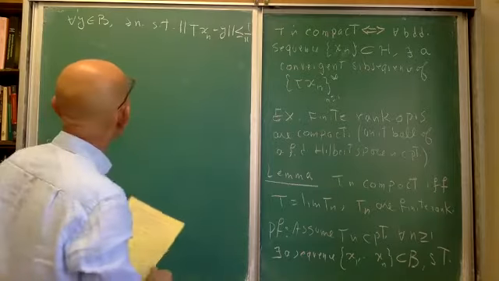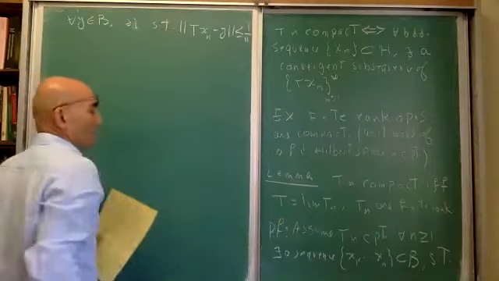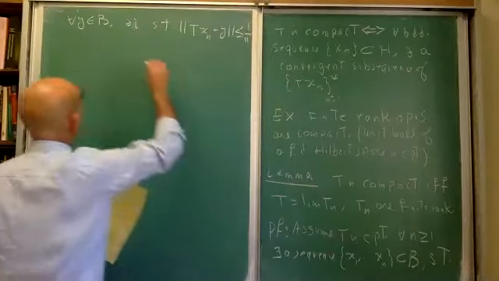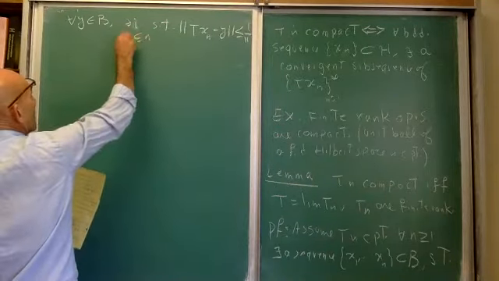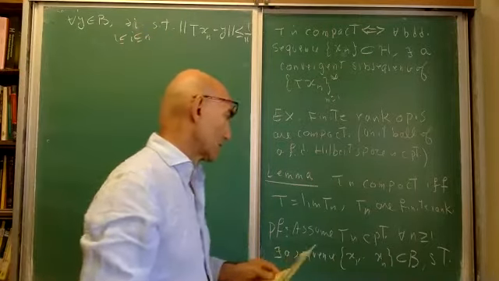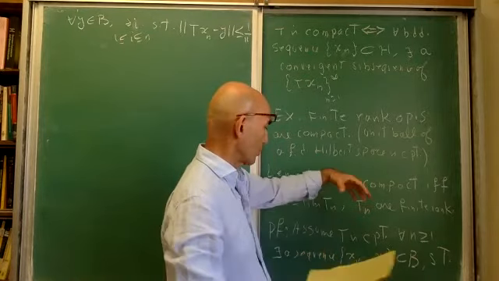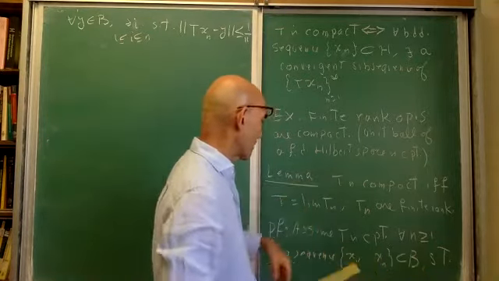That's because the image is precompact, so we can just choose this net of points.